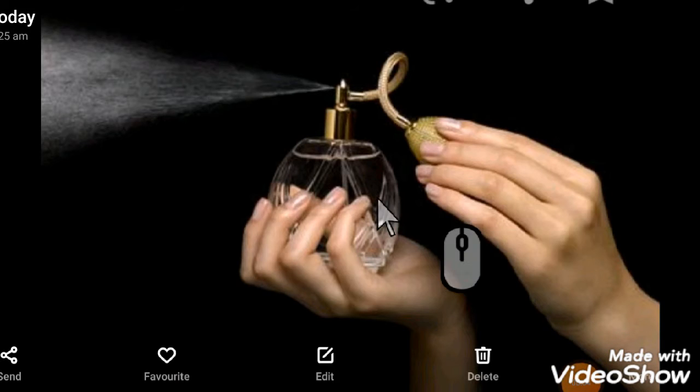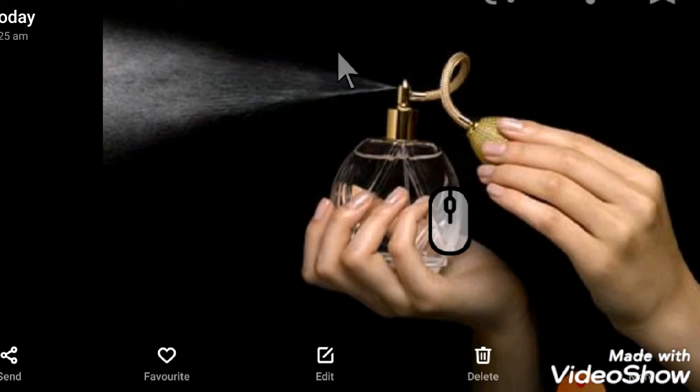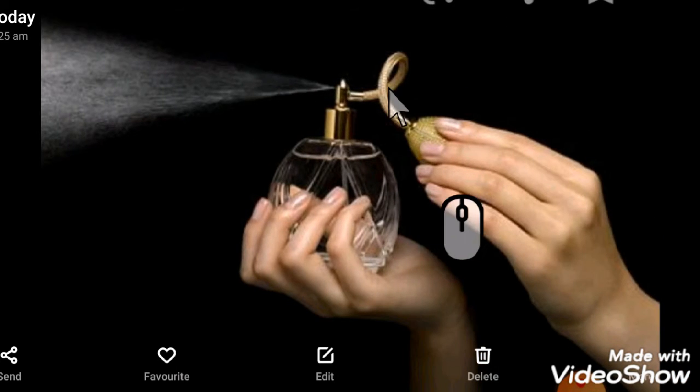Imagine with me the perfume is divided into tiny particles that cannot be seen by the naked eye or even by the microscope. It needs a specific kind of equipment. These particles are spread and carried through the air in the room, having the perfume properties.